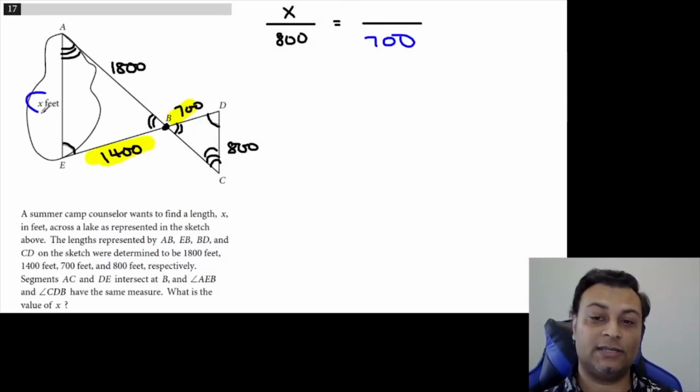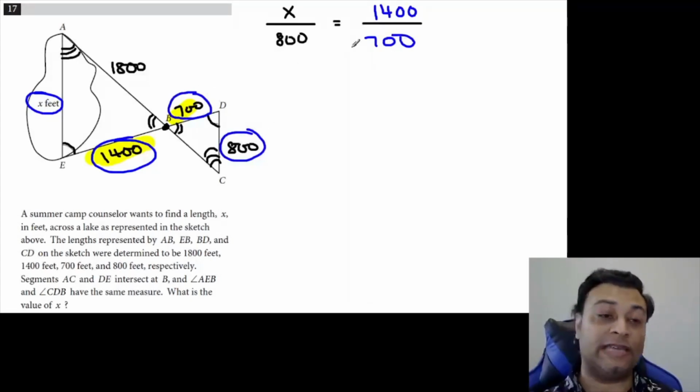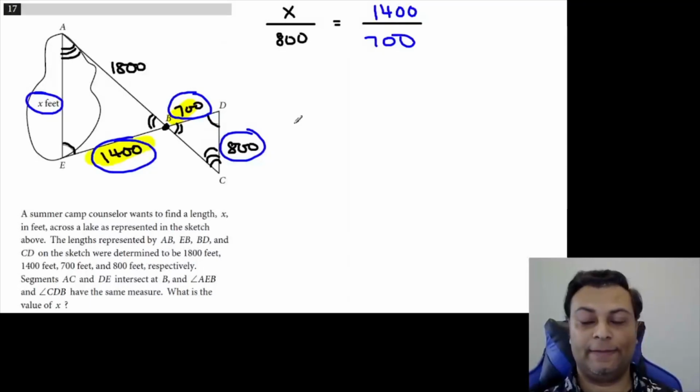So x is from this left triangle, and 1400 between the single and the double is also from the left triangle. And the denominators are from the same triangle. That 800 and that 700 in the denominators, those come from the same triangle. Okay, and 700 is between the single and the double, just like 1400 is between the single and the double. So those line up, those are corresponding.